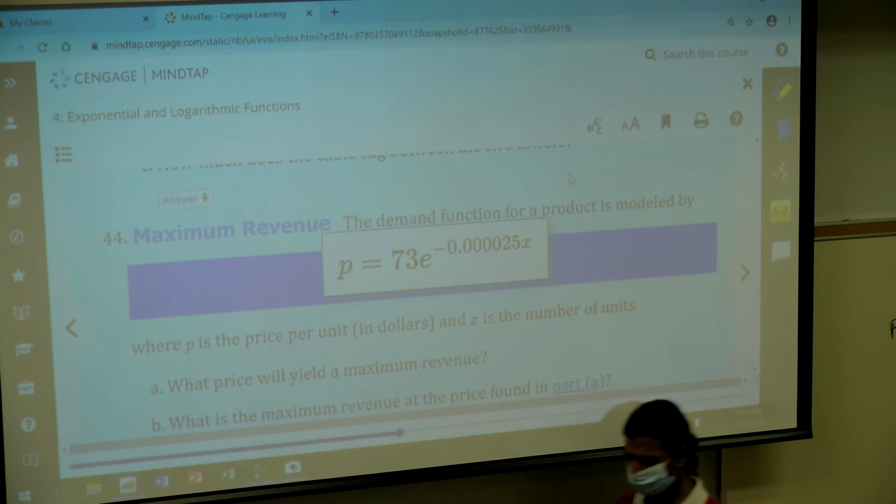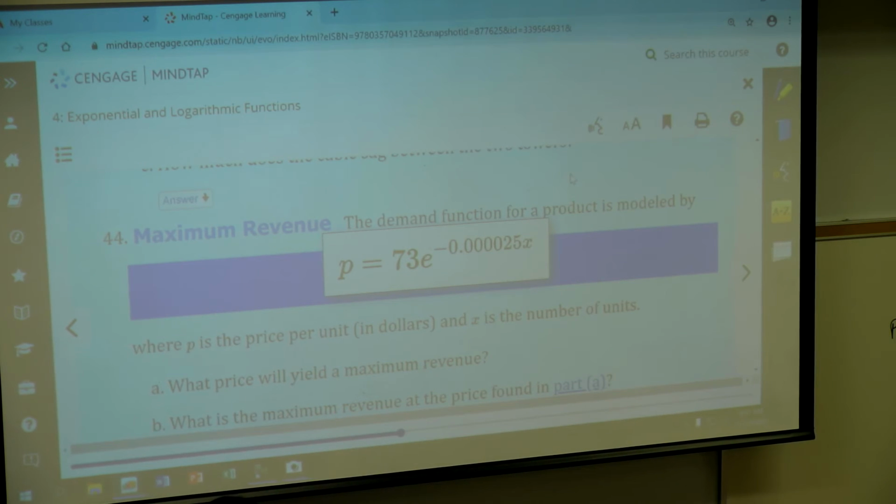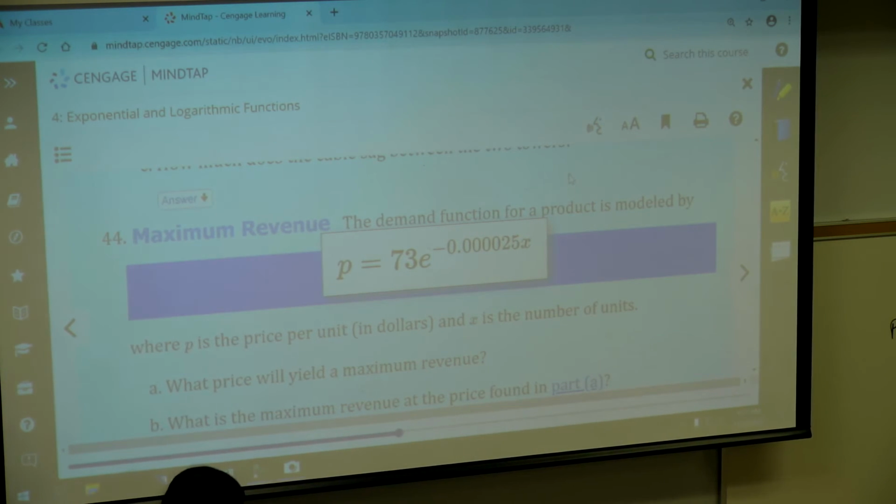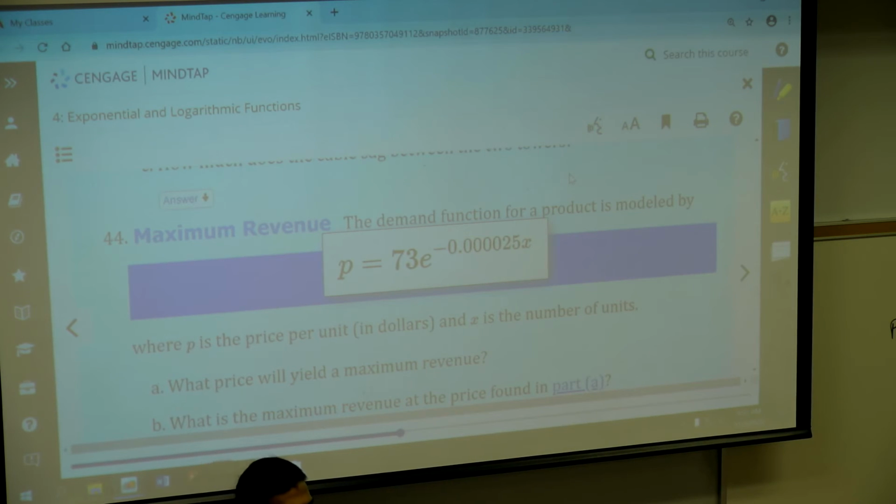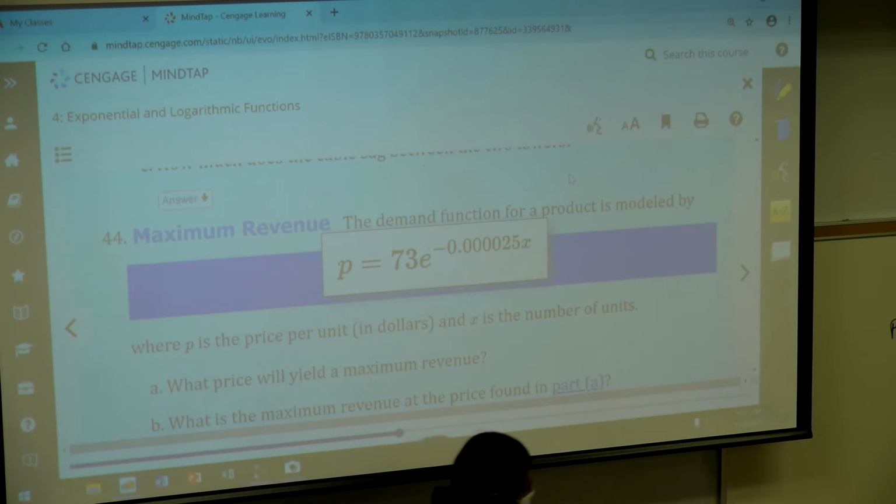Going back to chapter 2, how did we find the maximum or a minimum of a function? What is the first step? Finding the derivative.